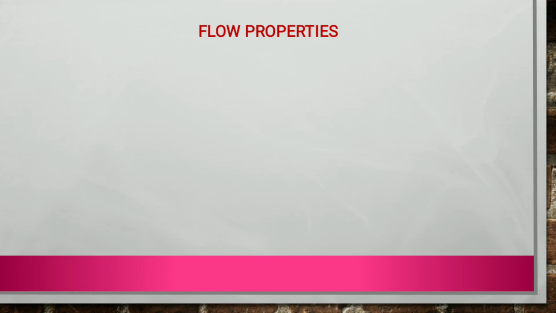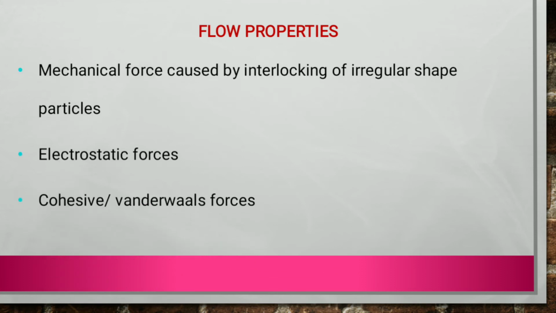Some other forces that can be acting on the particle include mechanical force caused by interlocking of irregular shaped particles, then electrostatic forces or cohesive or van der Waals forces.